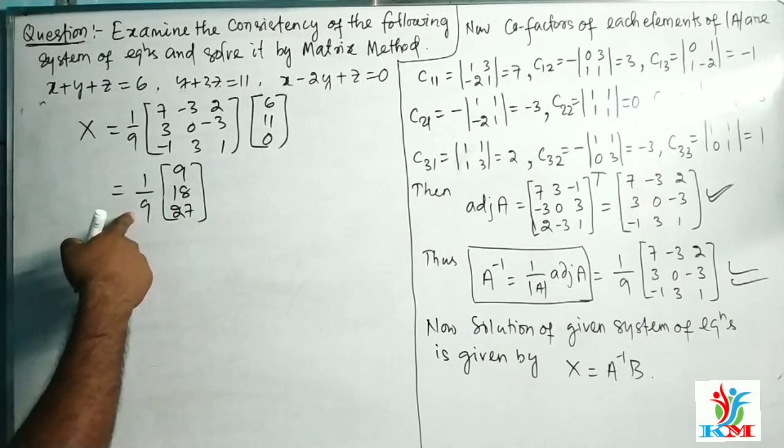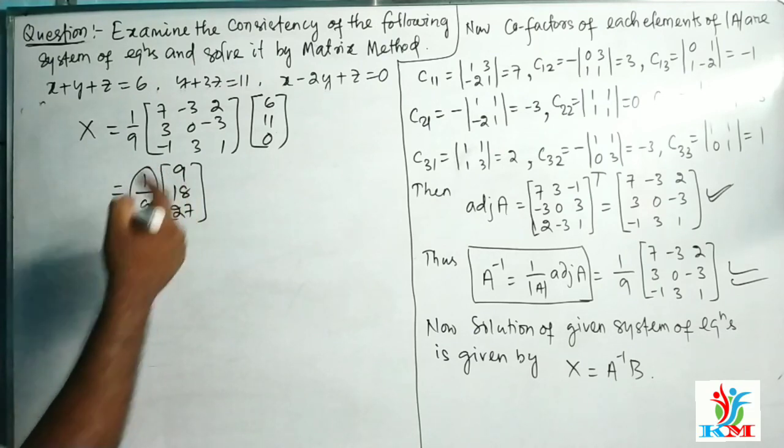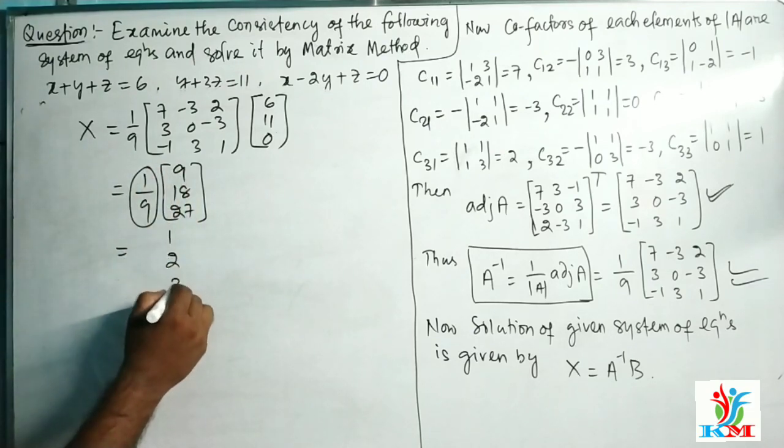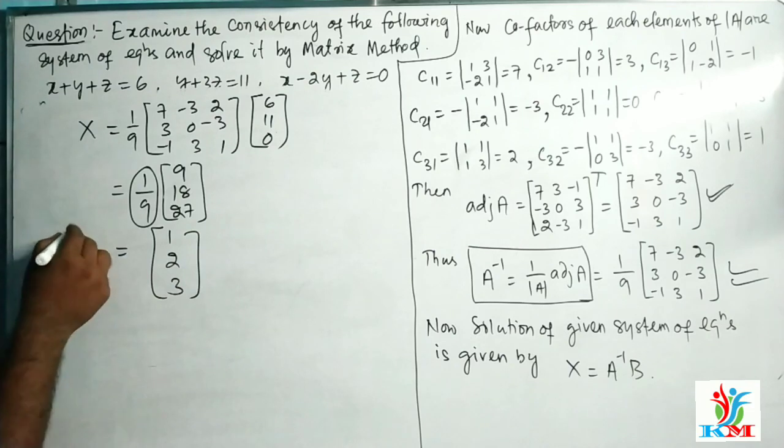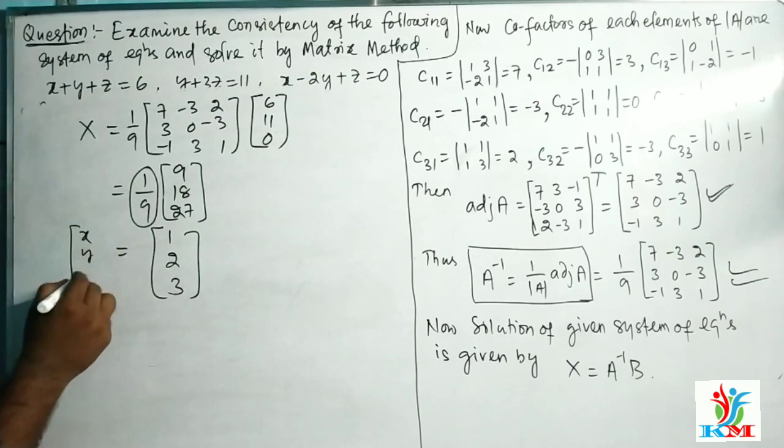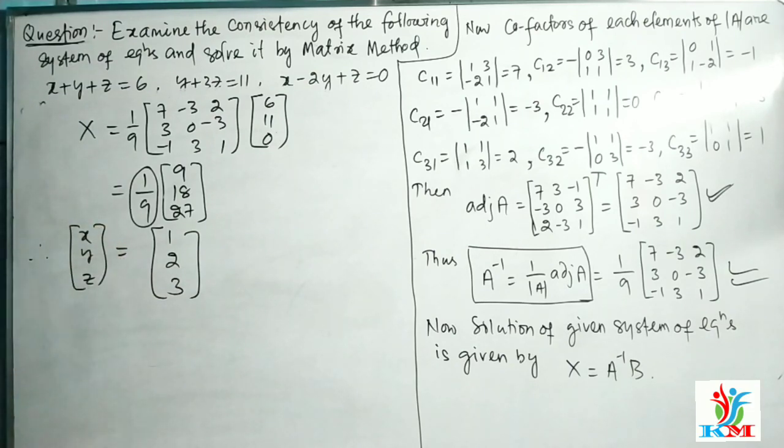Now multiply this scalar with that matrix, we get 1, 2, 3. And what is the x matrix here? x, y, z. So therefore x, y, z is equal to 1, 2, 3.